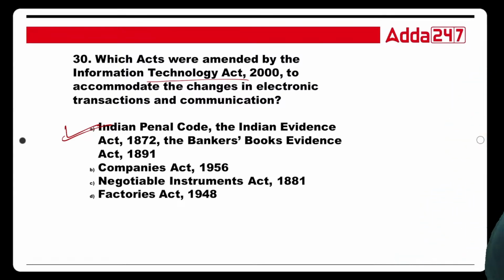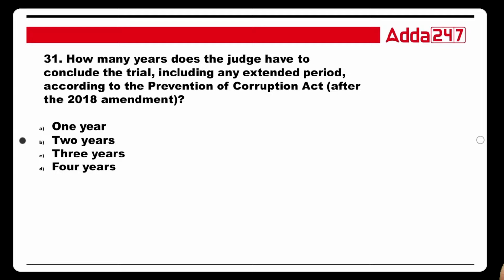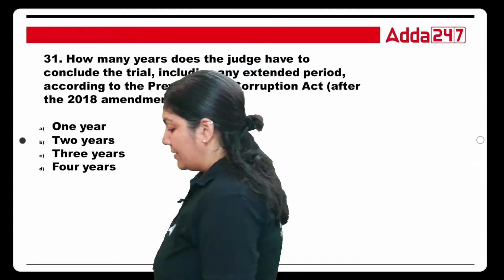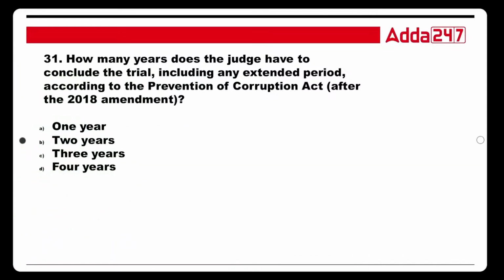Okay, that's good. Next. How many years does the judge have to conclude the trial, including any extended period, according to the Prevention of Corruption Act? This is a very important question. The Prevention of Corruption Act has been introduced. Yes, class, tell me, what is the right answer?